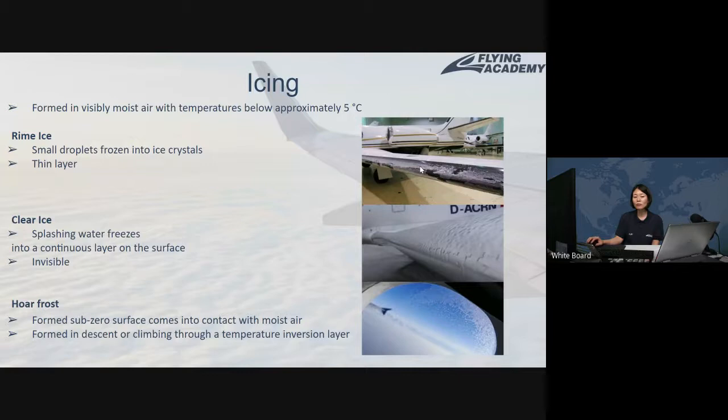This one we can already forecast because the temperature is lower. It's going to be less than 0 degrees, like a freezing level, 0 degrees and then less. So ice crystals are already present inside the cloud, and when they attach to the wings, that one is the rime ice.